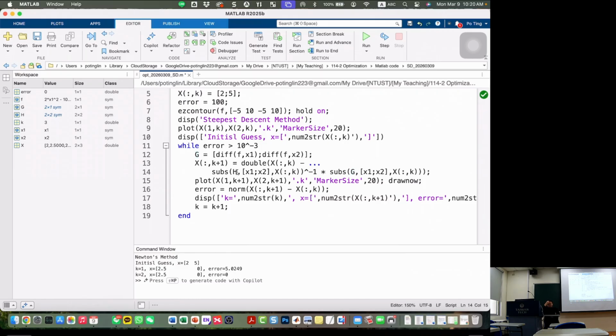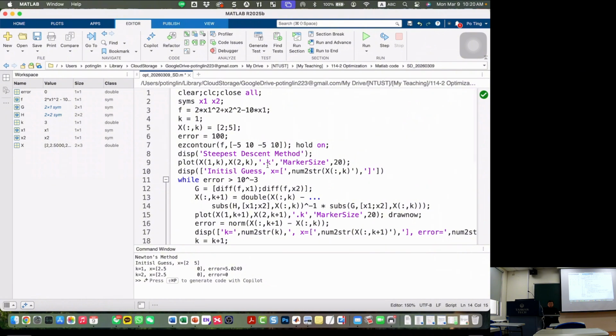So we need to define a new variable called alpha. I am going to use symbolic again, and I'm going to use lowercase a to represent alpha.